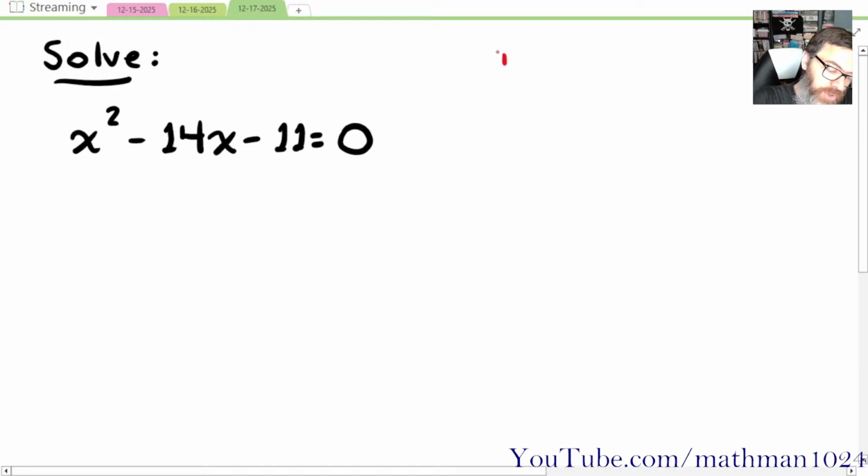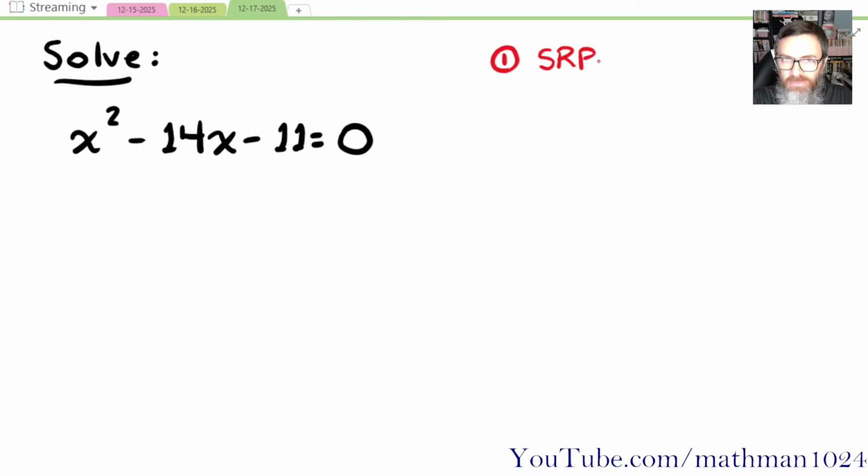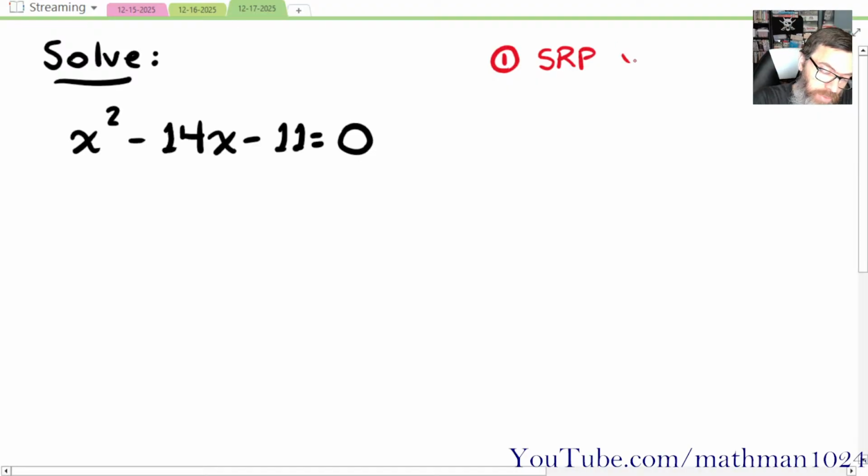The first thing that we try to use is the square root property. In order for us to use that, we can only have x in one term, and it has to be a square. So we don't have that. This is not a square root property problem.